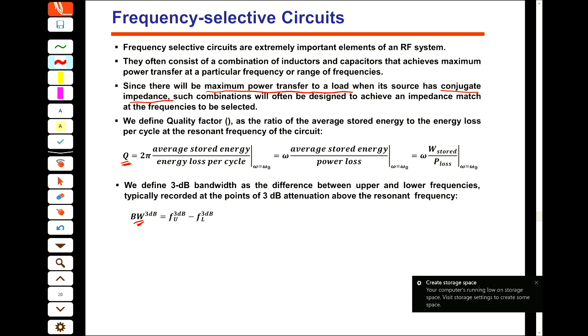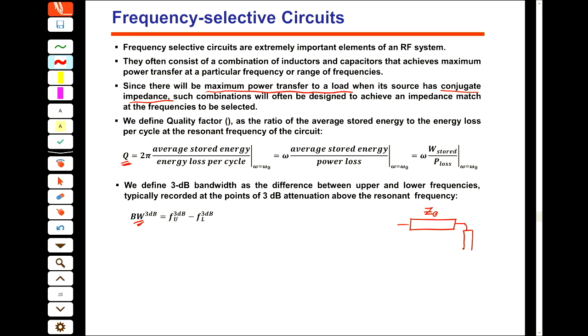For a circuit like this, we have a transmission line with characteristic impedance Z0, and then a load ZL, connected to a source Vs with source impedance Zs.